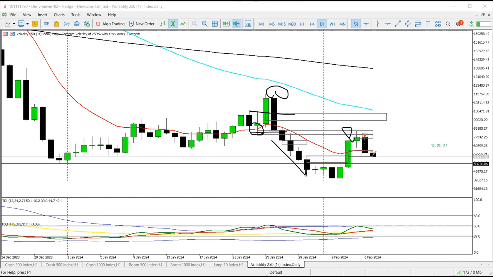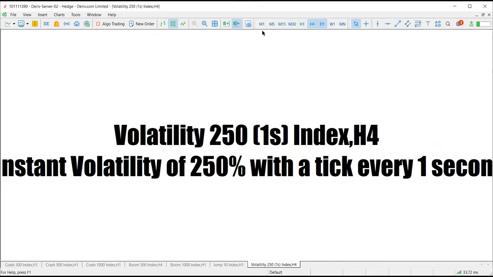So we could get price creating a form of a pattern somewhere here and then giving us that sell we want. So safe sells will be below 53,770. Early sells, let's see what we have.